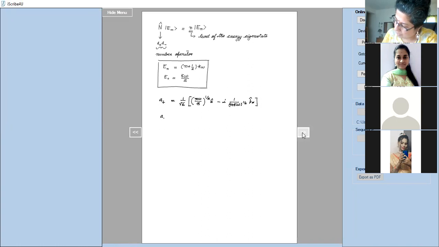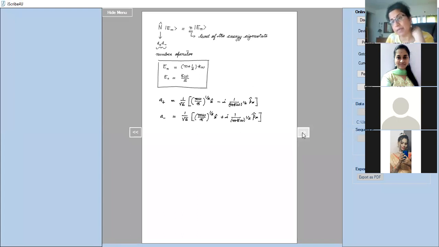Similarly, you have a minus equal to 1 upon root 2, and then you have over here m omega by h cross power half x plus i 1 upon m h cross omega power half px. Correct? We have these two.